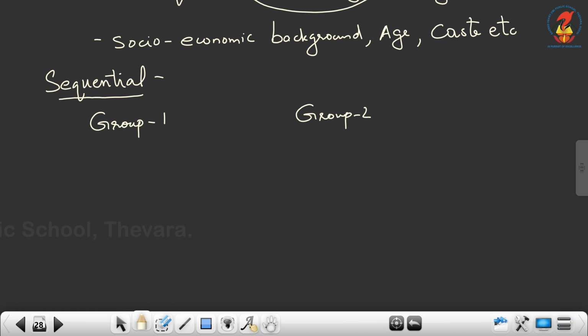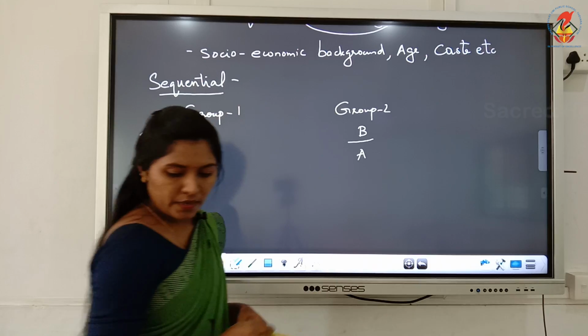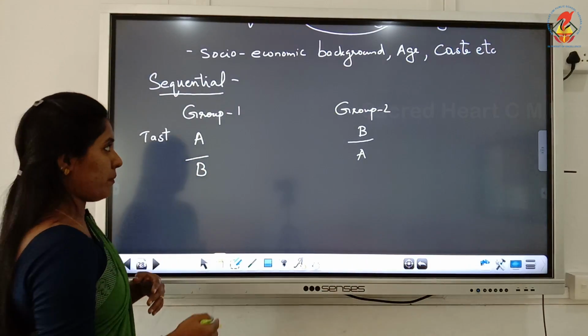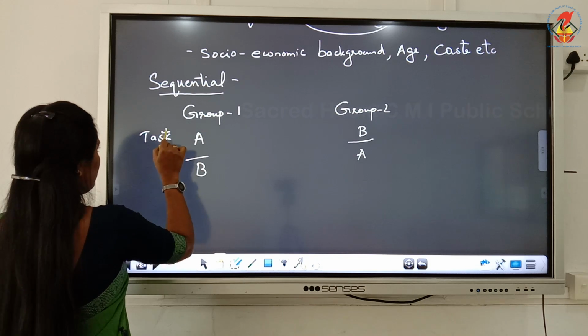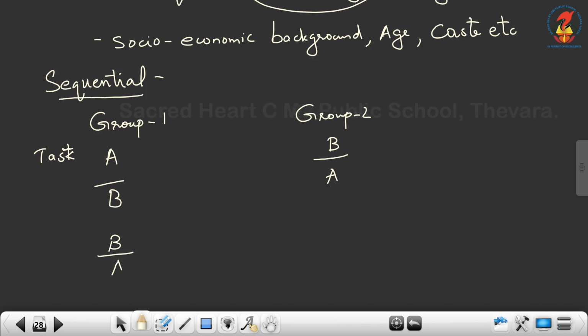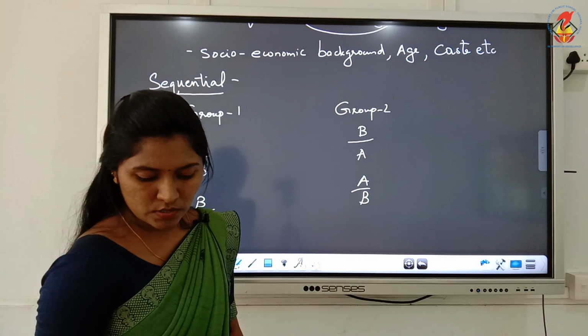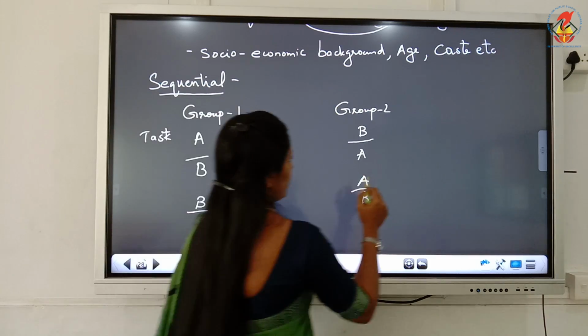For the first group you can give task A first, then task B, and for the second group you can give task B first, then task A. Then you can repeat the experiment by giving the first group task B first, then task A, and the second group task A first and then task B. So, the technique used here is the counterbalancing technique.